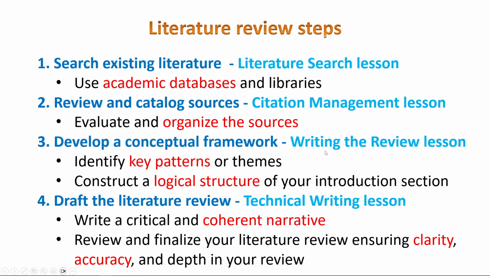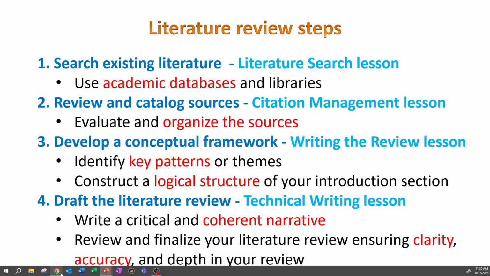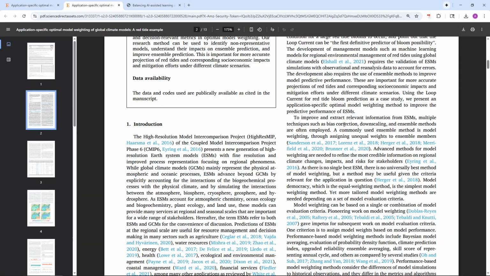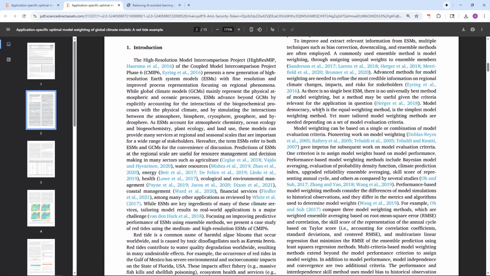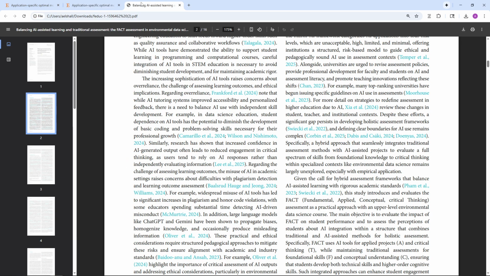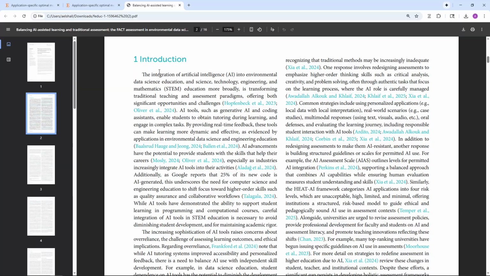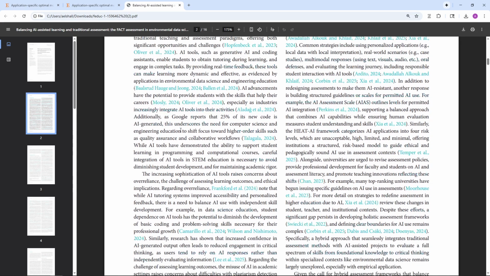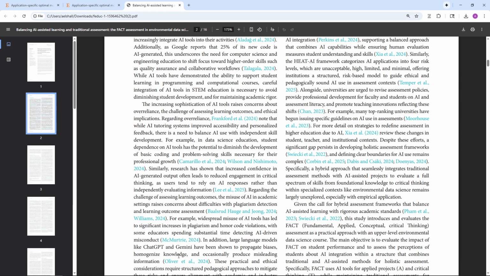After you did this, how you can write your review, like identify key patterns and themes as I showed you here. So here, for example, I identified key patterns. What are the existing criteria that people use to evaluate in sample? These are key patterns. What are the pros of AI in higher education? What are the cons of AI in higher education?